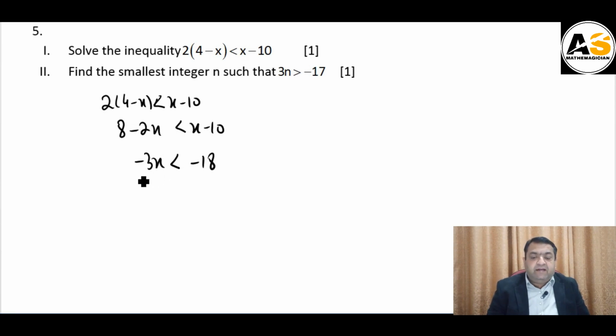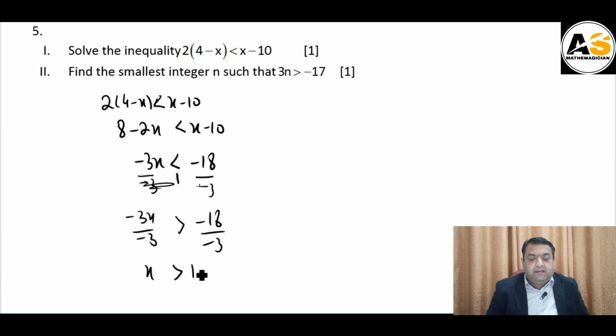Now I will divide the inequality by -3, and division by -3 will also reverse the inequality. So -3x over -3 is greater than -18 over -3. x is greater than 18 by 3, which is 6. So this is the solution of this inequality.